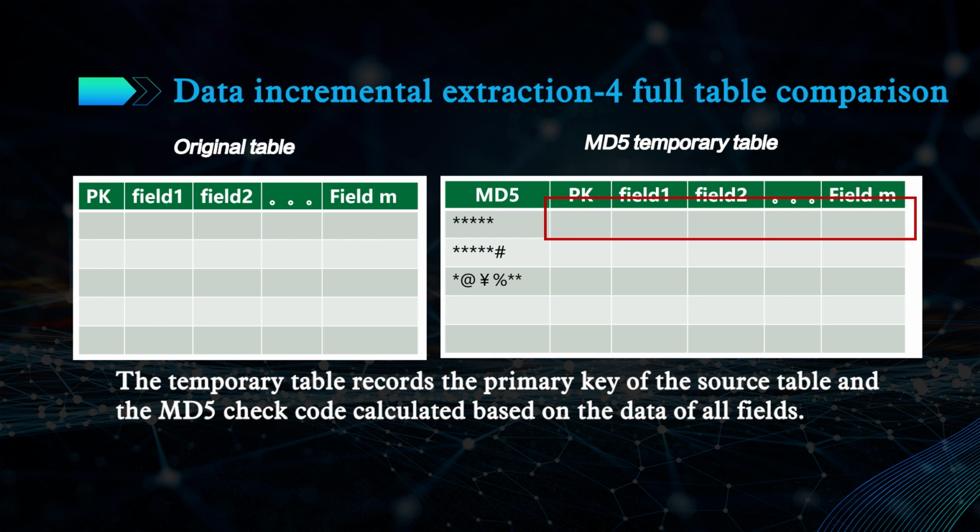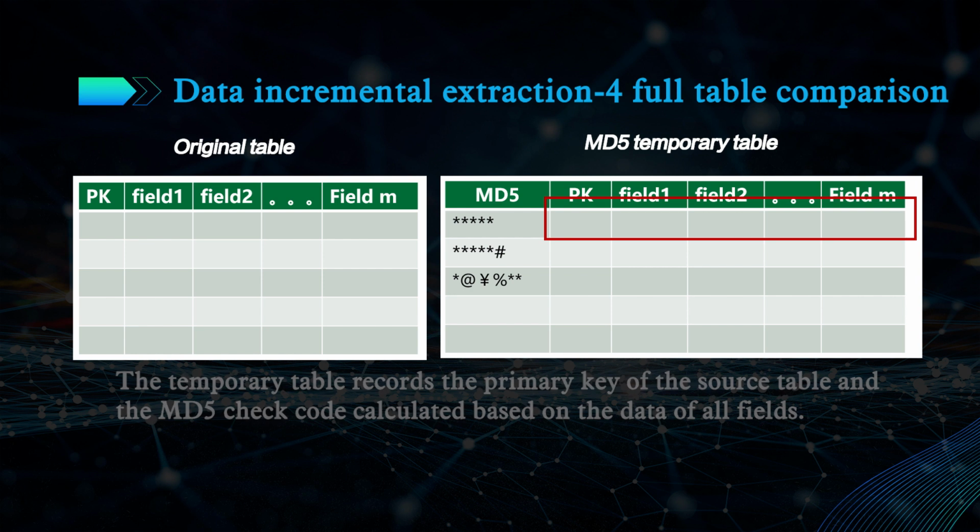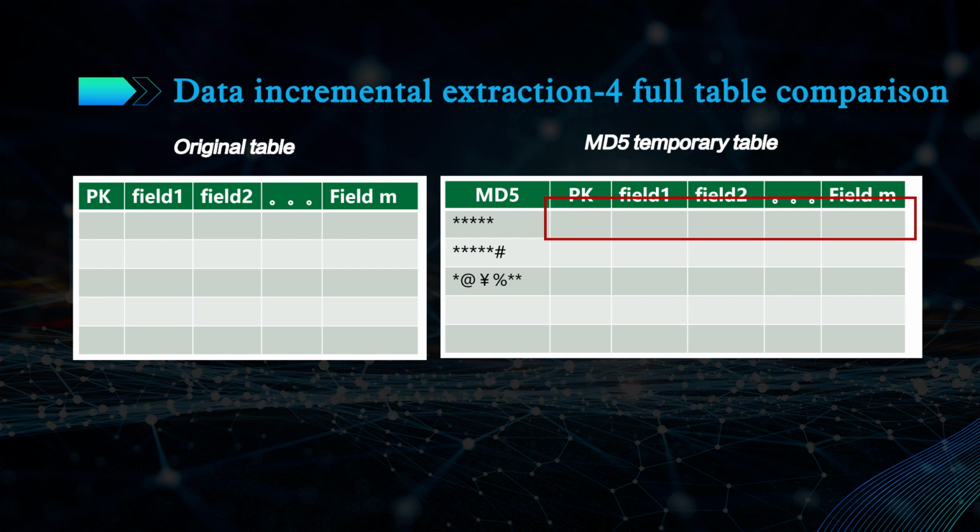The temporary table records the primary key of the source table and the MD5 check code calculated based on the data of all fields. Each time of extracting data, the source table and the MD5 temporary table are compared with the MD5 check code. How?